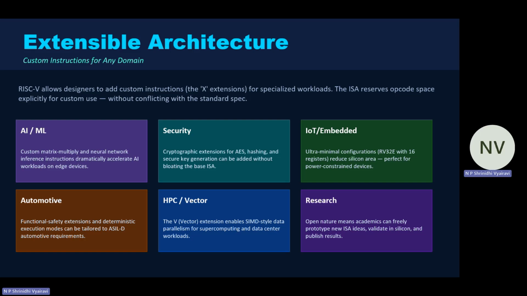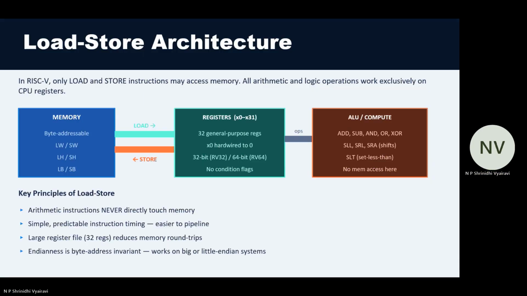Right now, you see there's a rise in the use of RISC-V because it seems much faster, right? And load store architecture. RISC-V is built on the concept of not being able to directly access memory. If you look at the normal CISC architecture, which is complex instruction set, we have looked at the different addressing modes, right?